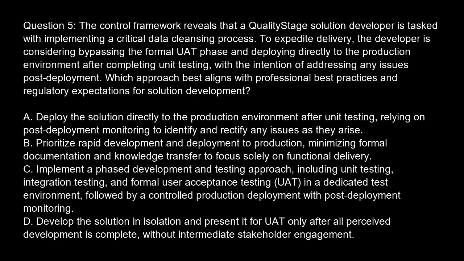Option C. Implement a phased development and testing approach, including unit testing, integration testing, and formal user acceptance testing, UAT, in a dedicated test environment, followed by a controlled production deployment with post-deployment monitoring. Option D. Develop the solution in isolation and present it for UAT only after all perceived development is complete, without intermediate stakeholder engagement.